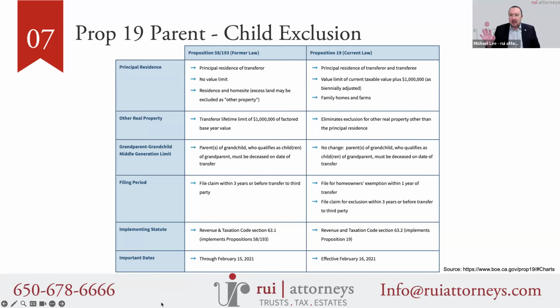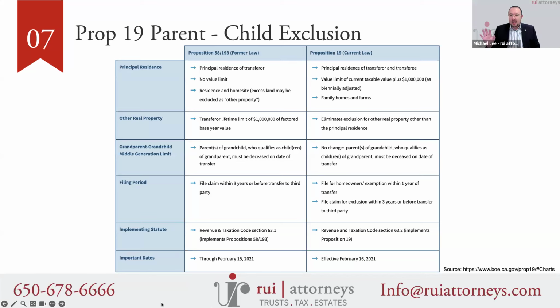The key change is that the parent-child exclusion is massively reworked. First off, the transferor, I'm the parent, this has to be my primary principal residence. The key thing is I need to claim my homeowner's exemption on the primary residence. That $7,000, that little card that says this is my primary residence, I need to put that on the property that I consider my primary residence.